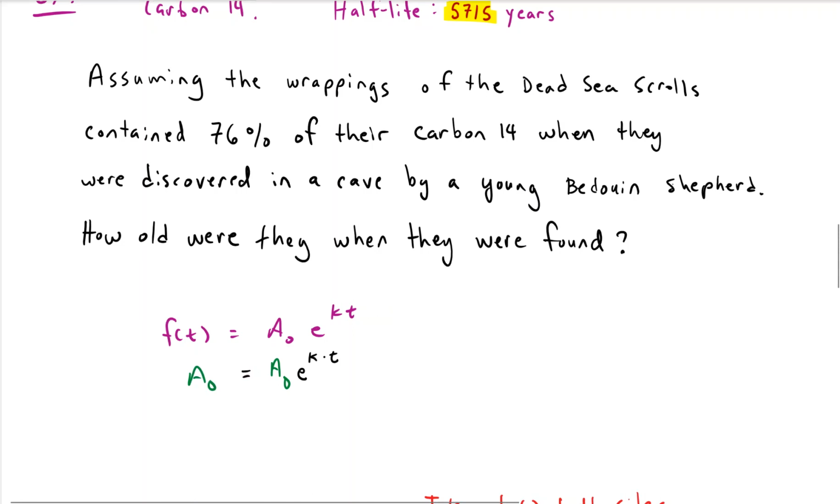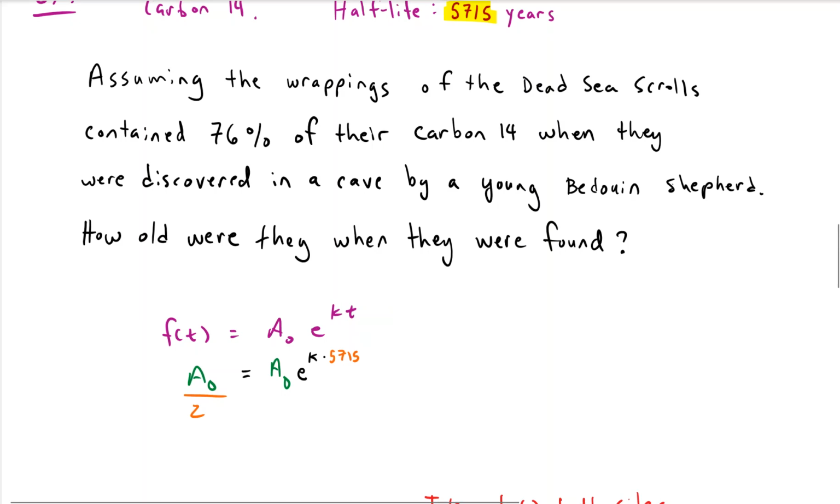Here's where we can use the half-life, because instead of having t, we can put there 5,715, because we know in 5,715 years, the amount that was originally there will be cut in half.